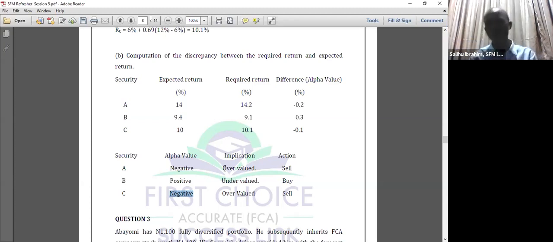And because that stock is overvalued, if you are holding that particular stock, then you quickly sell it, because by selling it, you'll be able to make what we call abnormal return. Okay, because it means the stock is not correctly priced. Okay, let me continue. I'll explain that.